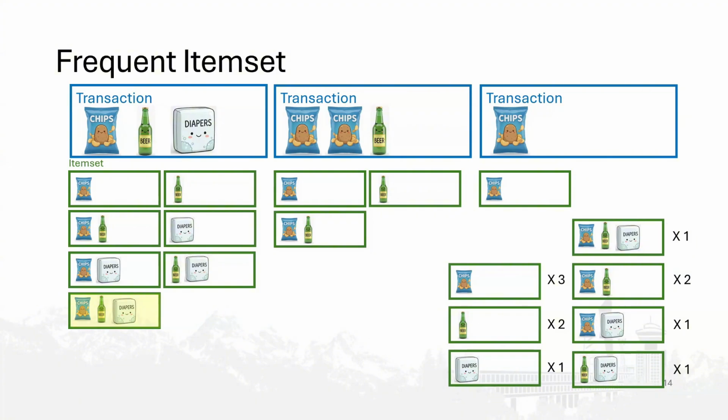Now we can compare the support counts of the item sets with the threshold to figure out which are the frequent item sets. If you recall, our threshold is a support count of 2. So any item set that has a support count of at least 2, we will consider frequent. So now let's remove the non-frequent item sets. We will remove the diaper because it's only 1.